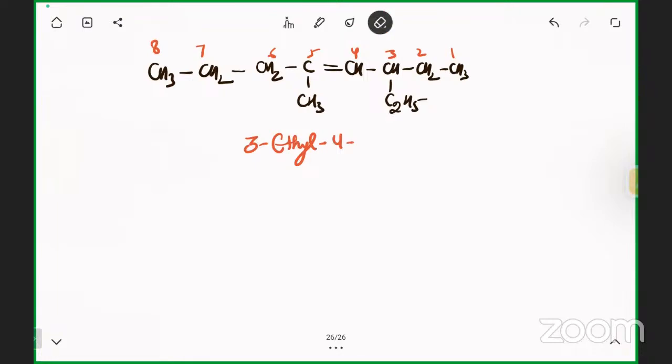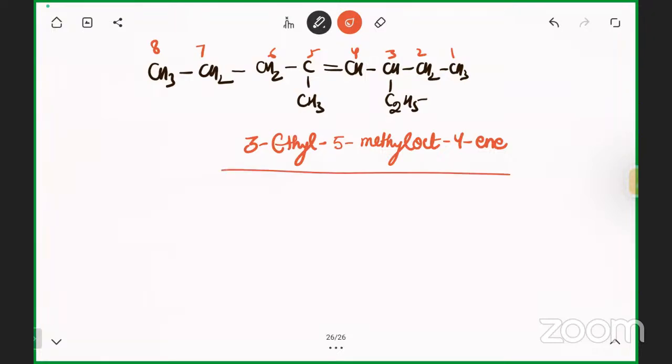No, not 4. On fifth, 5 methyl. Then we have 8 carbon, it will be oct. Then on the fourth position we have double bond, and then we go for the ene, because double bond is present.